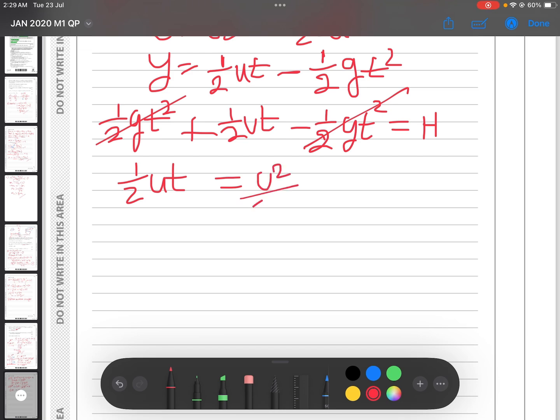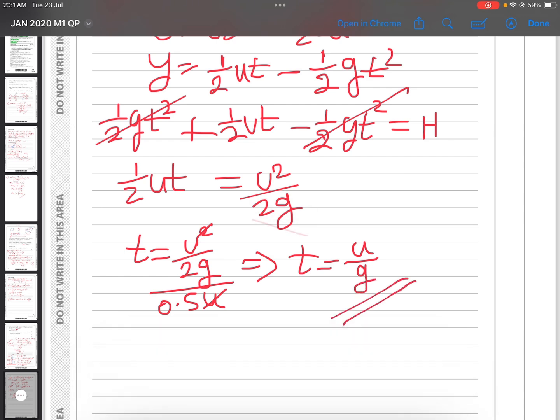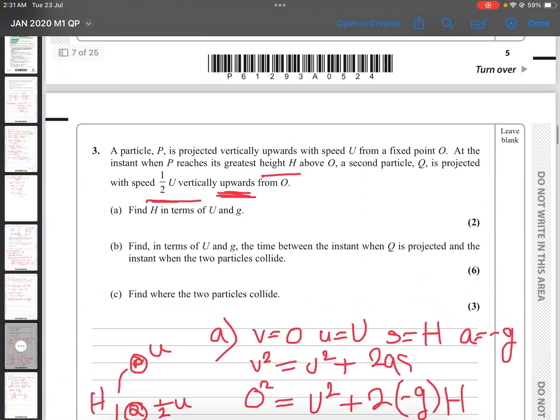So making t the subject, we get u squared over 2g divided by 0.5u. The u and u get cancelled, and 2 and 0.5 are also cancelled. We get the answer u over g. We got the time. That was it, and we scored 6 marks.